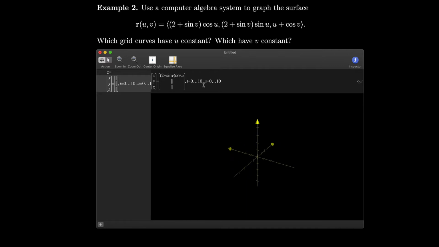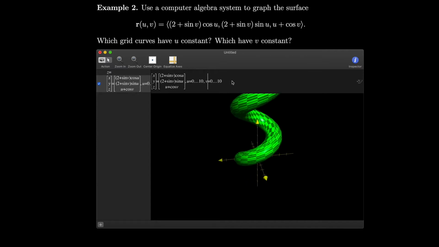For y, we'll do (2 + sin v) times sin u, and for z, it's u + cos v. Notice the default parameters they have are t and u, so we have to switch that to u and v. And hit enter. Oh, beautiful.